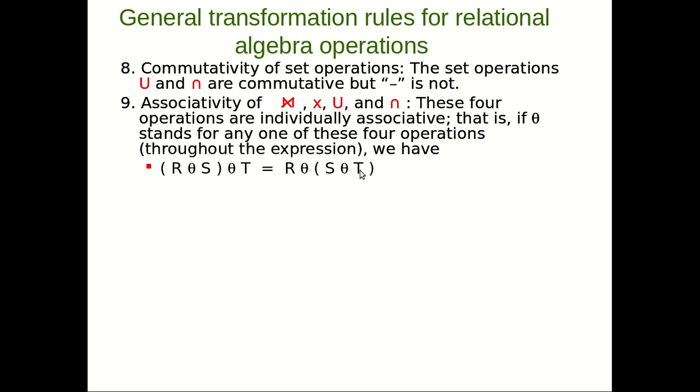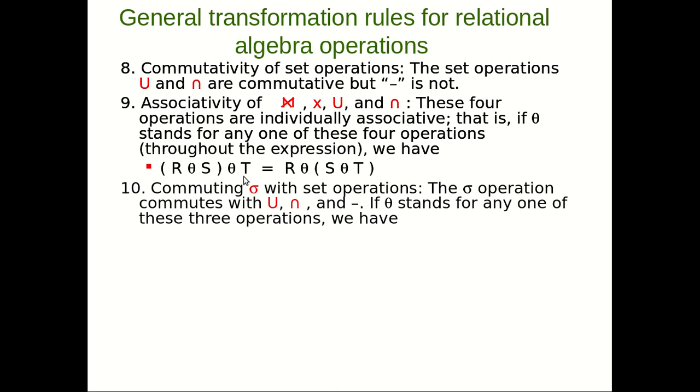That is, this is done first, followed by this. This associativity is true for join, that is, you must apply only a single operation at a time. If it is R Cartesian product S Cartesian product T, it can be written as R Cartesian product (S Cartesian product T). Similarly, union as well as intersection, this rule is associative.